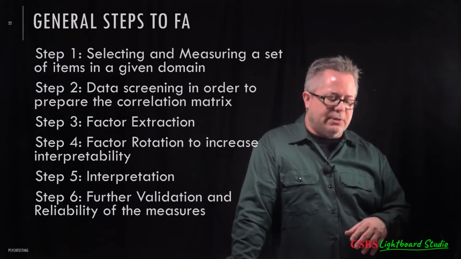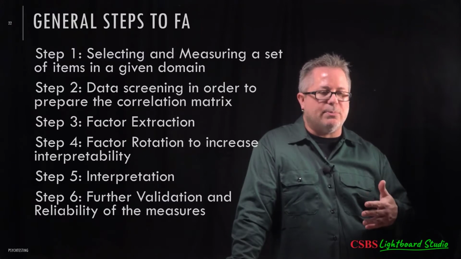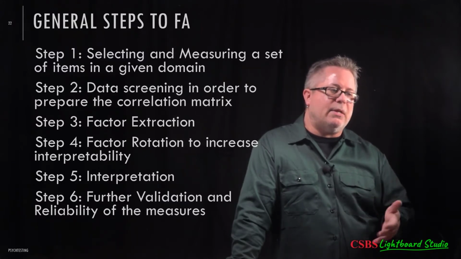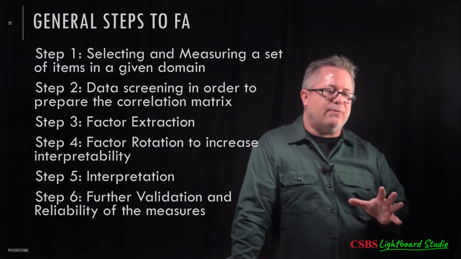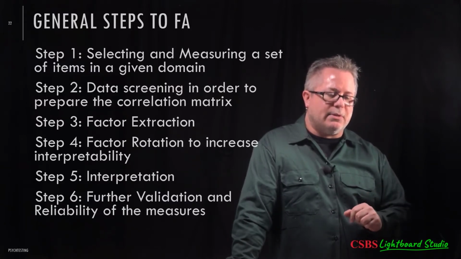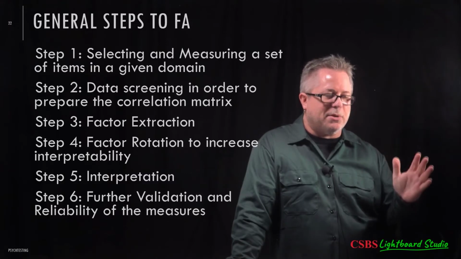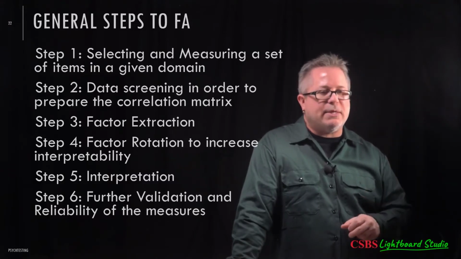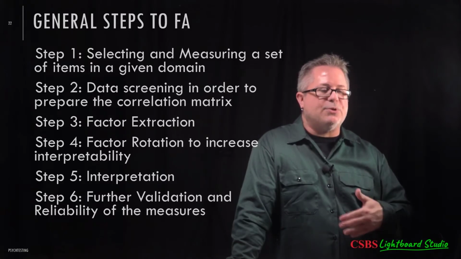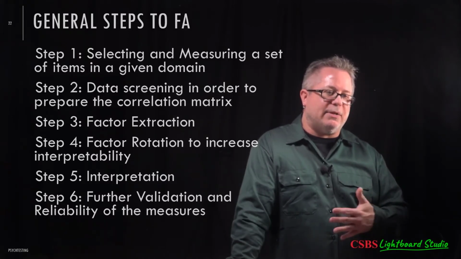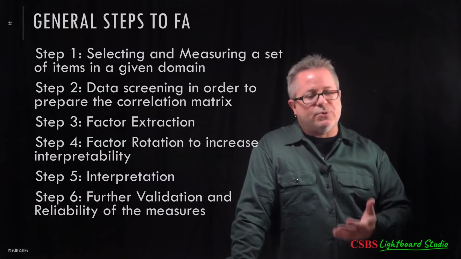Sometimes it could be optimized somewhat to make it a little easier to understand, and that's what factor rotation does. Factor rotation allows the factors to rotate in space. I think this is getting a little bit out there theoretically, but it allows them to move in space in such a way that it helps to increase the interpretability of the items and factors, so you can understand why certain items are going together.